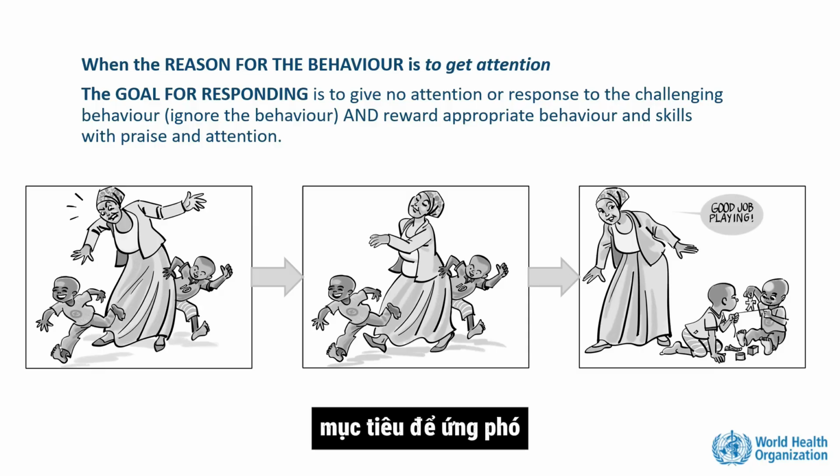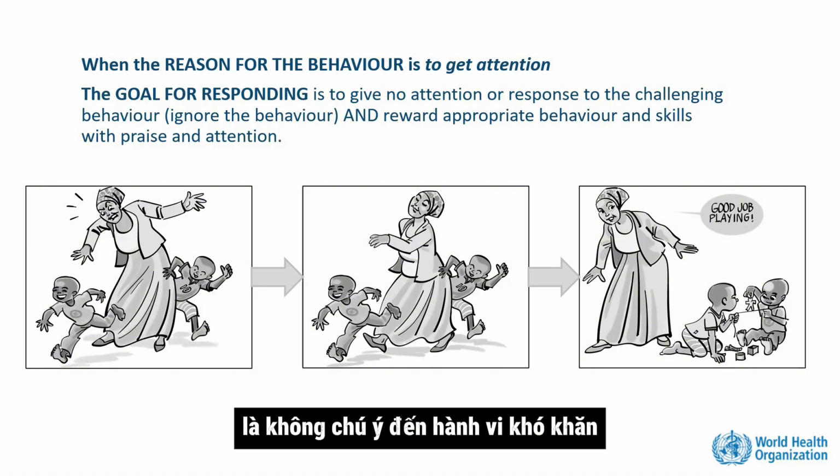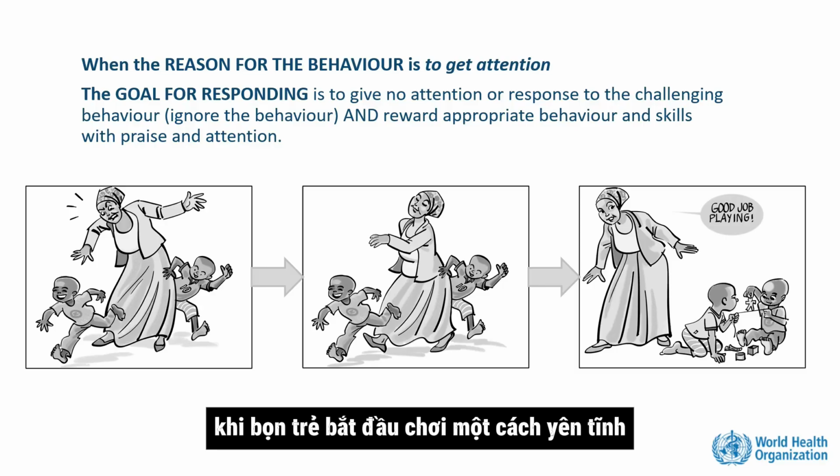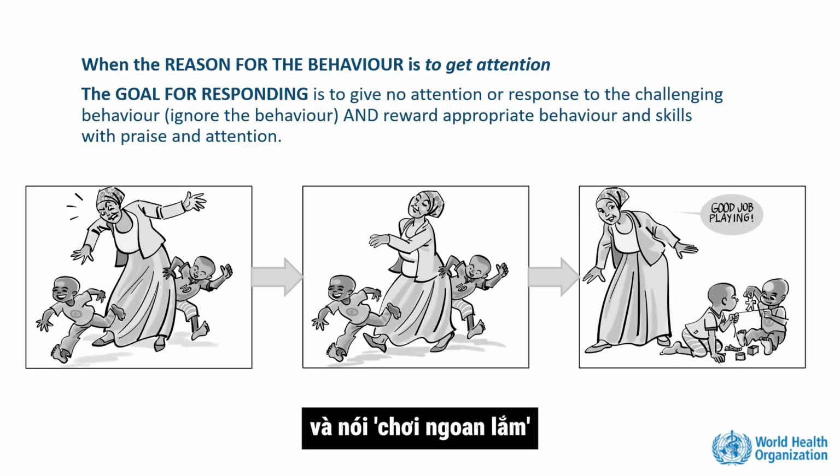The goal for responding is to give no attention for challenging behavior, and then reward appropriate behavior as soon as you see it. In this example, when the children begin playing quietly, the mother gives them praise and attention by going to them and smiling and saying, "Good job playing."